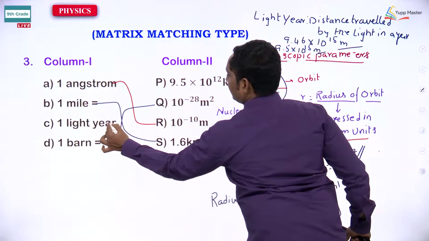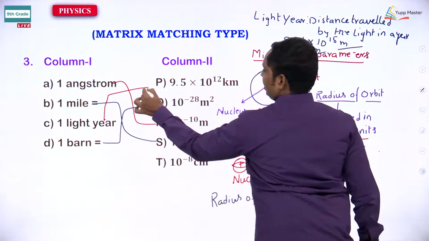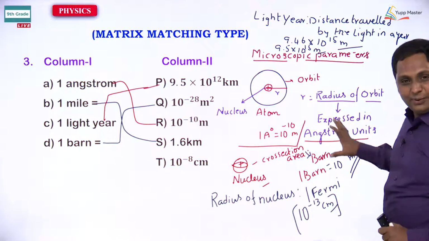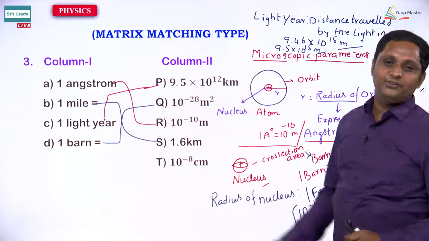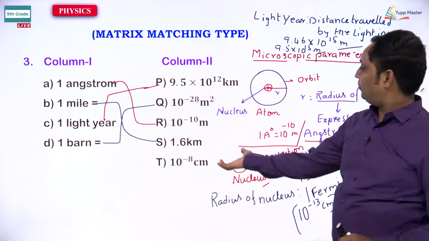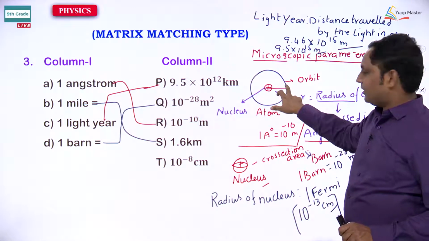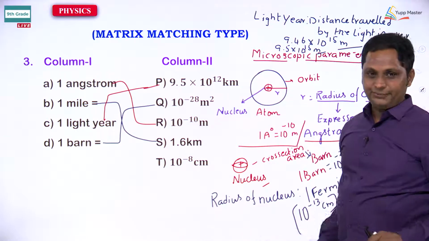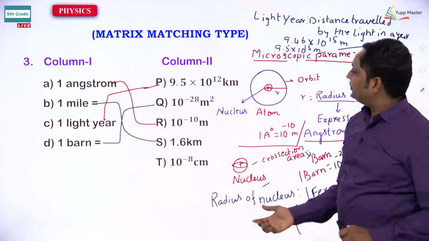We have learned additional information regarding microscopic parameters and also macroscopic parameters. The distance travelled by an object is macroscopic. The distance from the nucleus to the orbit is also a distance, but in microscopic view.